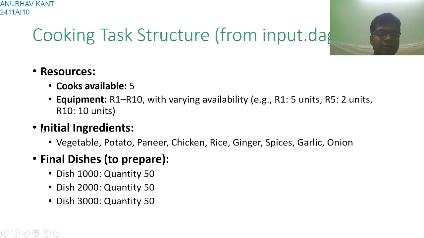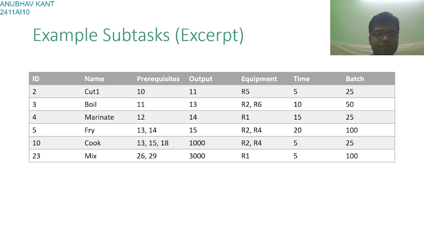Suppose our initial ingredients are as follows, and we have the goal to prepare the final dishes like this. Suppose we have a particular dish which is encoded as 1000 here, and its quantity is 50, and all of the dishes have the same quantity for our example.